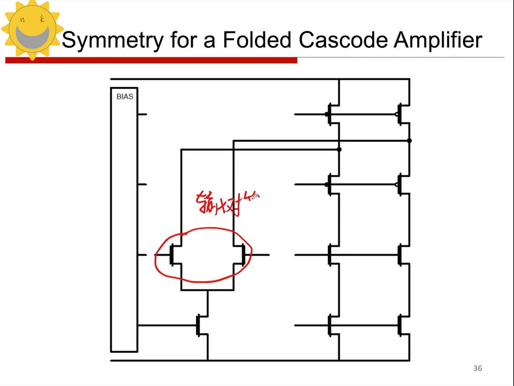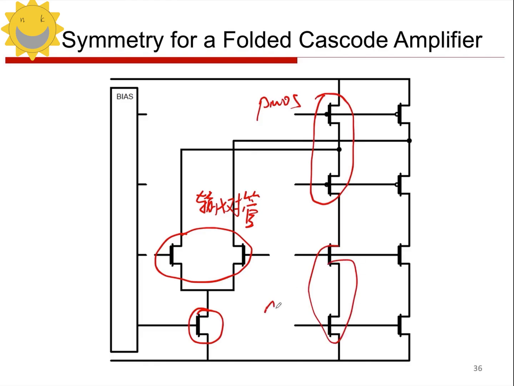This part is very important, because it directly affects some characteristics of the differential pair. Below it is the pseudo current source for the input differential pair, right? Now looking to the right, we see the load section. The upper part consists of PMOS transistors forming a current source, while the lower part is made up of NMOS transistors, which create the cascode current source. So when these two current sources are connected in parallel, they serve as this.